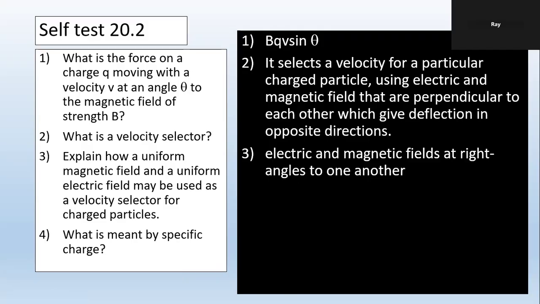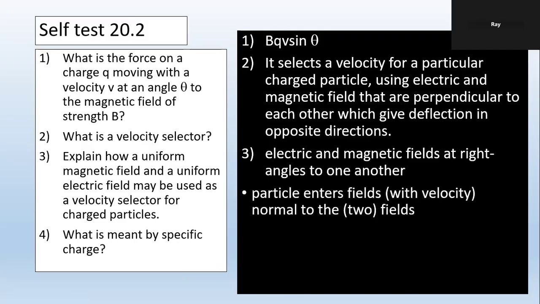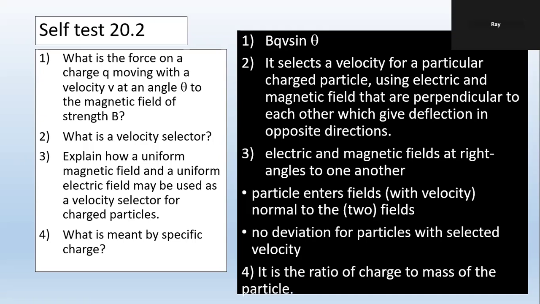How much electric charge, Q over M. It's the ratio of charge to mass of the particle. Q over M.